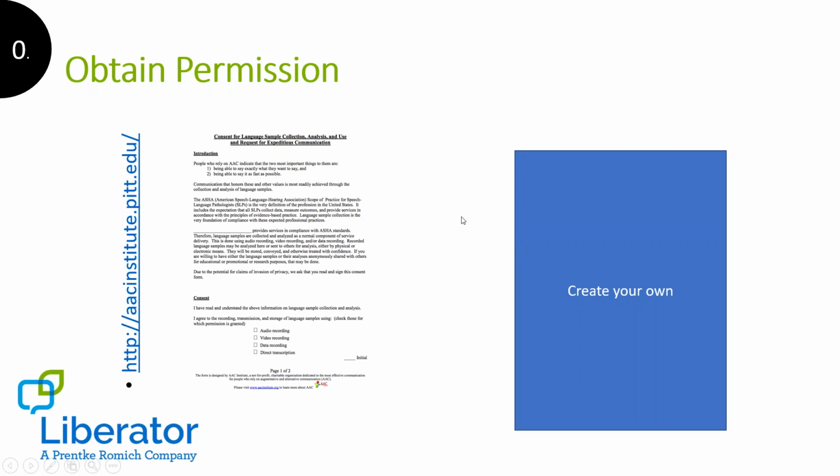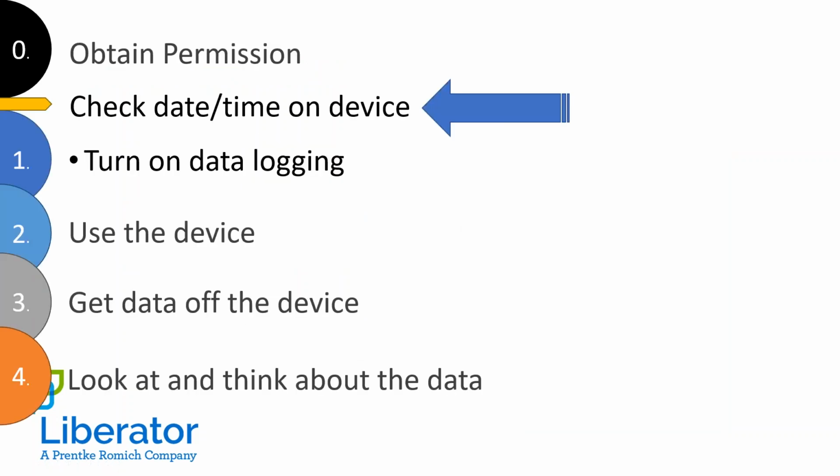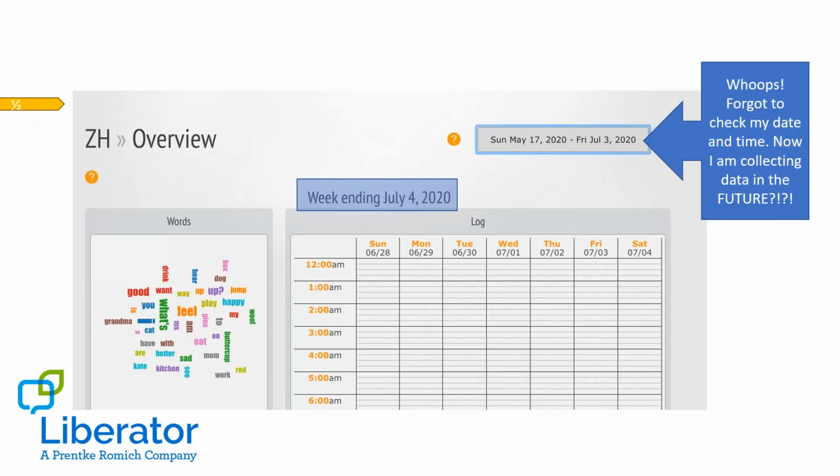So once we've got permission, the next thing to do is to check the date and time on the device. Again, this is different for each device, so we're not going to go into how to do it, but I'm more than happy to talk to people afterwards. This is just an example where the date and time is not correct.